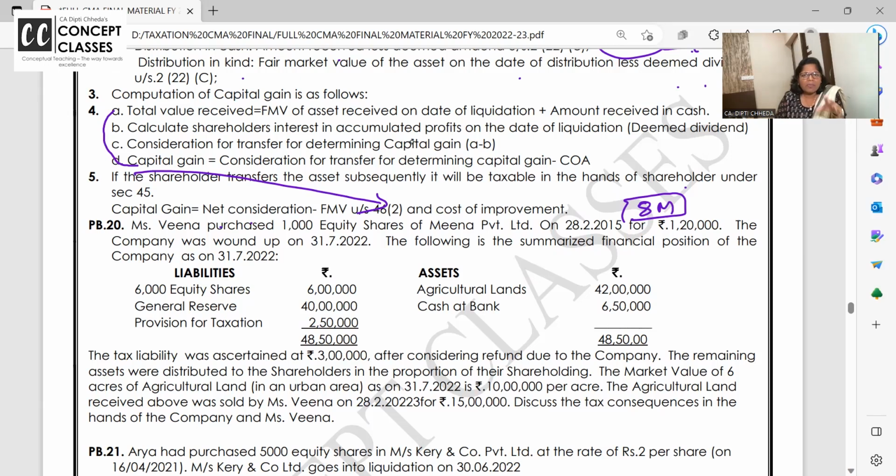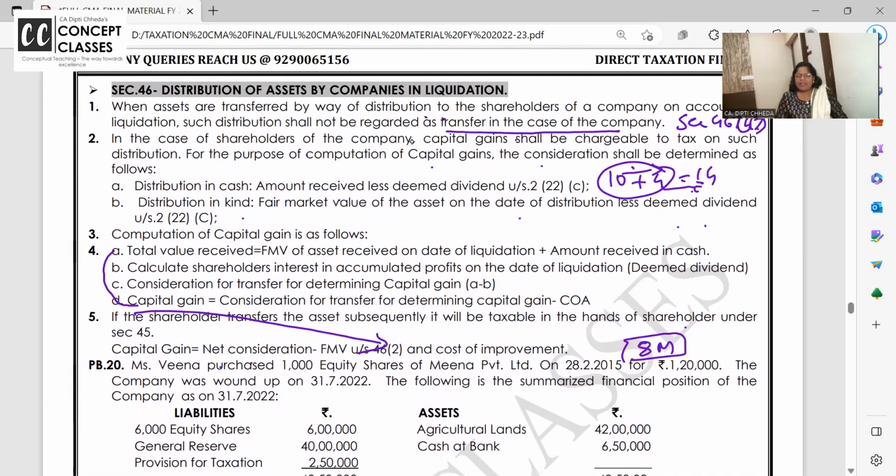Is it a transfer? Yes. But is it taxable? No. Shareholder, you are getting agricultural land. Whatever is the fair market value, that's the sale consideration against shares. And when you transfer that asset, whatever was the sale consideration now will be the cost for the shareholder. Okay? Points are very easy.